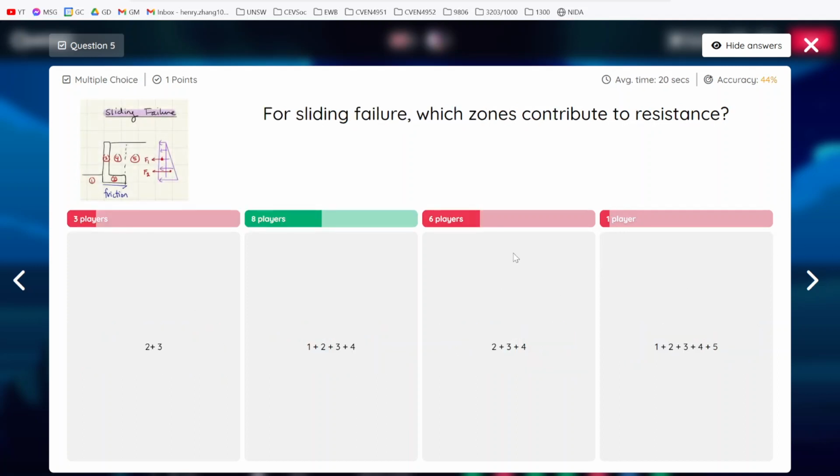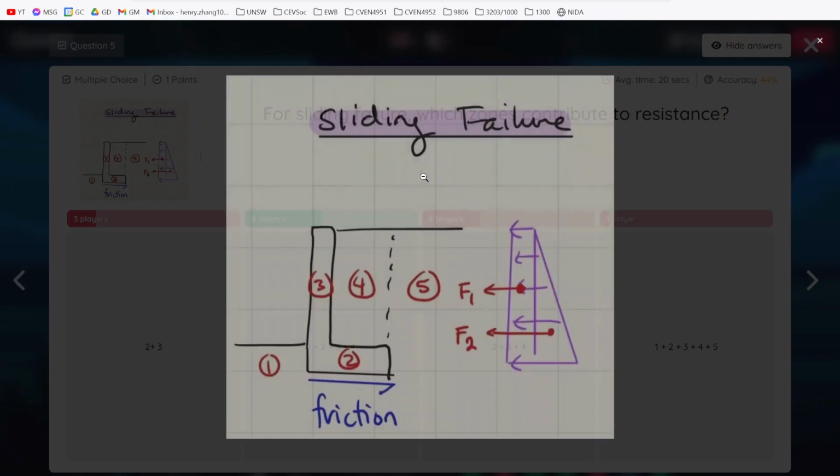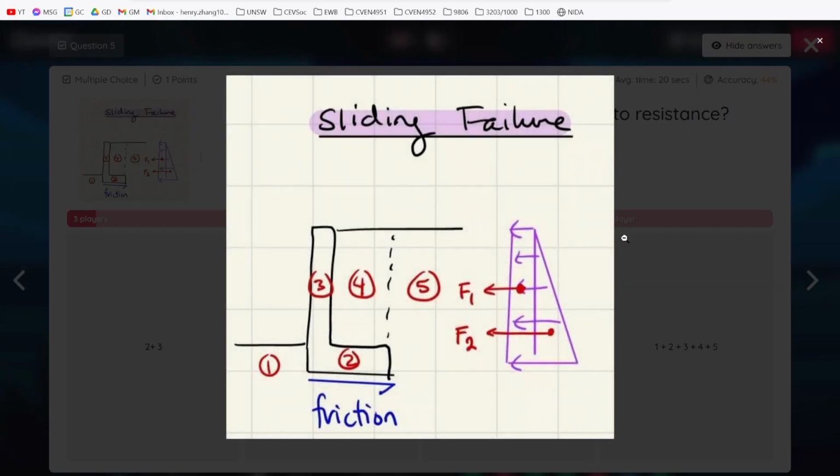Okay, for sliding failure, right? We have here, I've just labeled 1, 2, 3, 4, 5. The idea is that for sliding failure, it's a function of the normal force. As you might be able to recall, the force of friction is a function of the normal force, right?